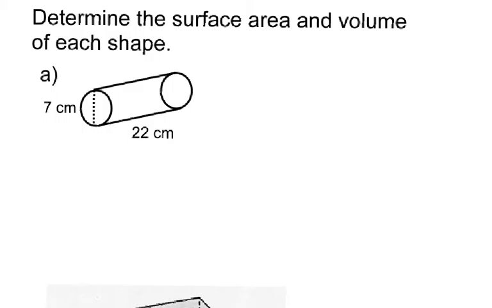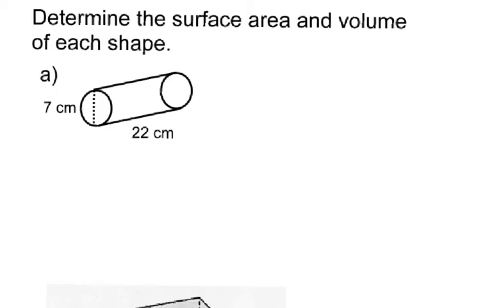For each of the following examples, we're going to be calculating surface area and volume. So, first of all, we have our cylinder, and we notice our two repeated sides. We have our equation for our cylinder for the surface area. We'll write down the equation right now.